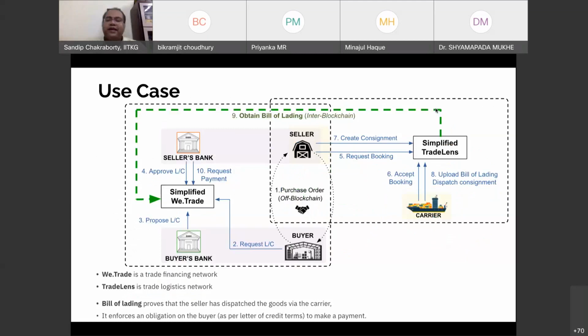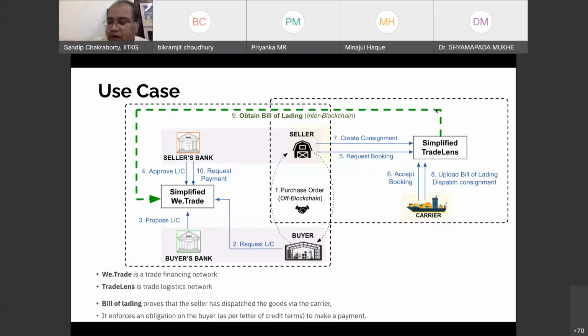Now here you see that I need an information transfer from the TradeLens network to the WeTrade network, and they are working on two different blockchain platforms. Because of that, I need a way to do verifiable data transfer from the TradeLens network to the WeTrade network and vice versa.